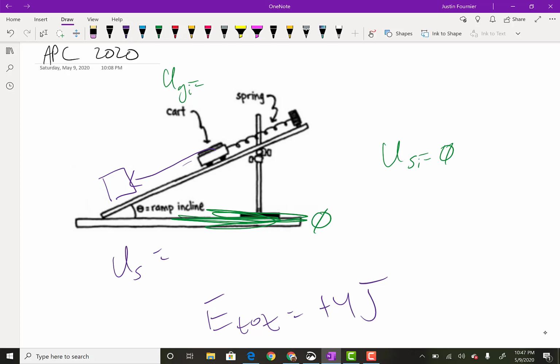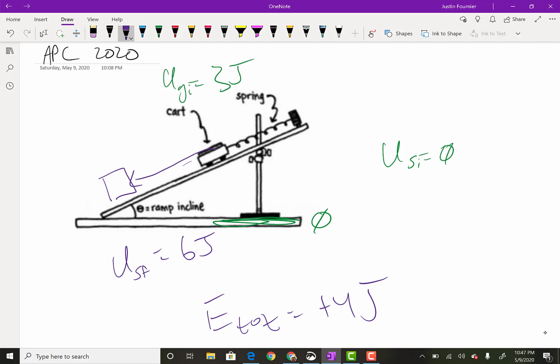I got 3 joules of gravitational potential energy that I measure, because now my cart is above the equilibrium position. Spring potential energy is still going to be 0. It's still at its equilibrium position. I haven't changed that yet. But again, I take the cart and I displace it to this final point right here. Well, still, I'm going to gain 6 joules of spring potential energy.